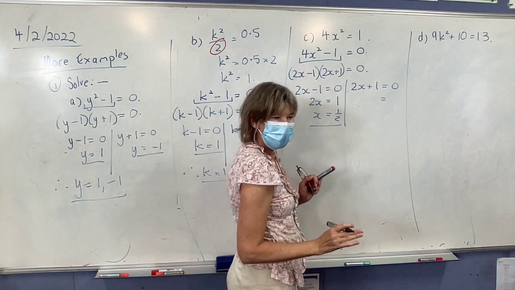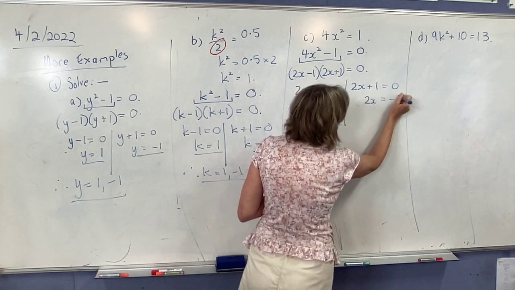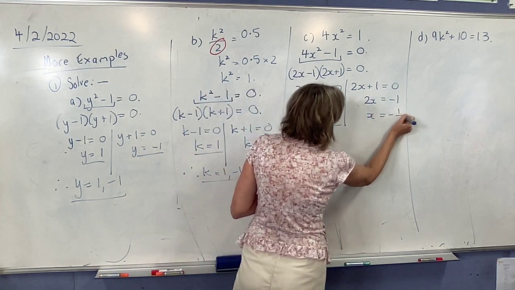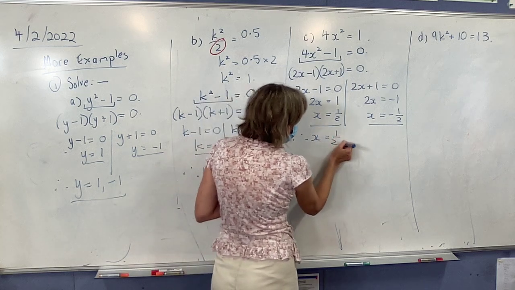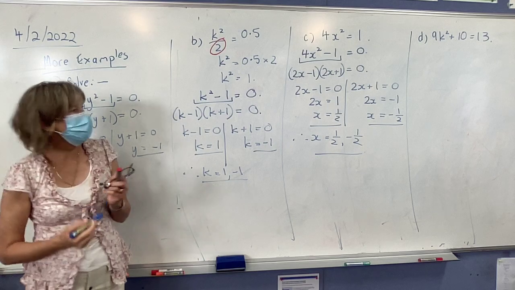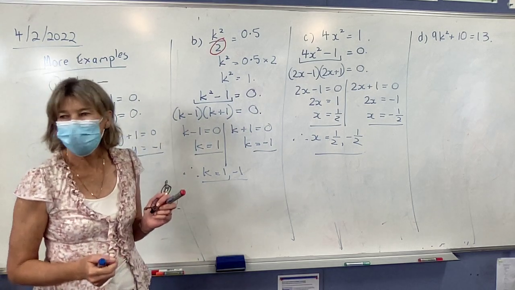Slowly, one step at a time. 2x equals minus 1. Okay, now what? x equals minus 1 over 2. That's better. Do every step, otherwise you're going to make some sort of a silly mistake along the way. And there are our 2 answers. Any questions? Right, Sean. Fix up that mask, please, and answer D for me.